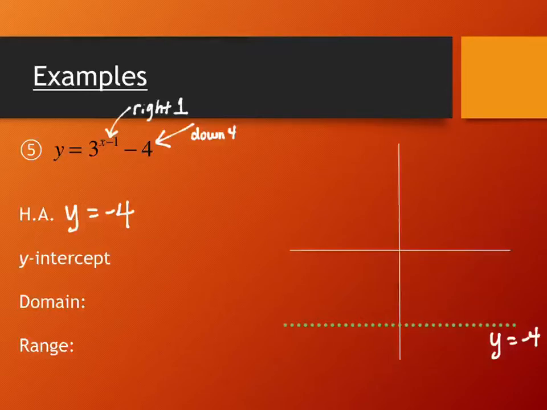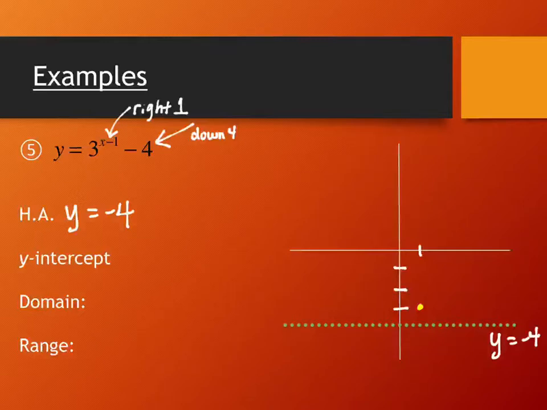Now, normally, I would just go 1 above that. Let me get these marked out so it's easier to see. And my y-intercept would be right here, right? But I'm also shifting things left and right, specifically right. I'm moving them right by 1. So that yellow dot that I just plotted, it won't be there. It will be over here.